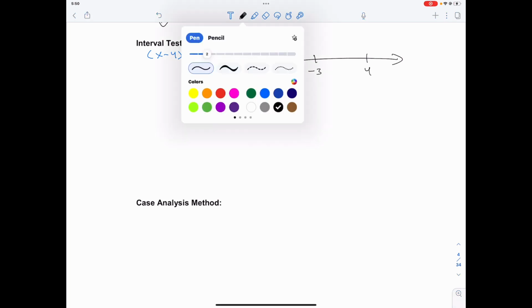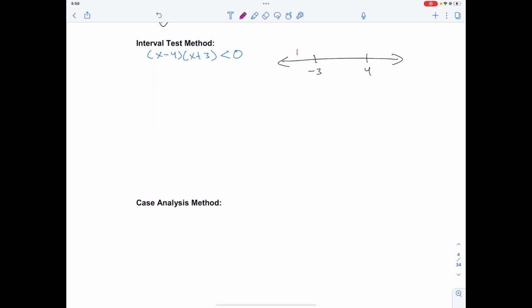And it's going to split into these 3 intervals. The first interval here, where x is less than -3, or -infinity to -3. It's going to have a second interval where it's between the two, -3 and 4. And it's going to have a third interval where it's greater than 4, or 4 and infinity.